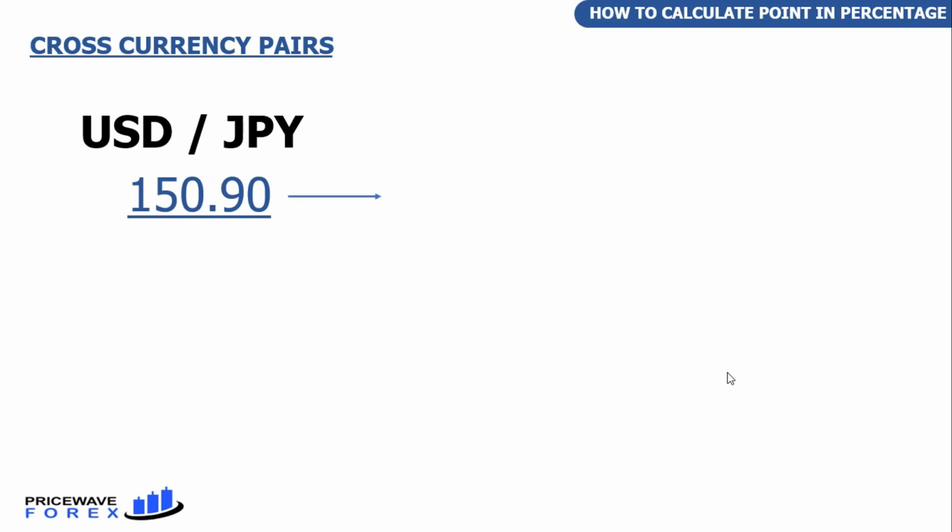Now, what we need to take note of is that this price we are seeing here is the currency price value itself. And remember, I said that when trading the major currency pairs, the fourth decimal point is a 1 pip value.